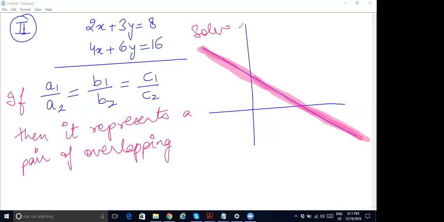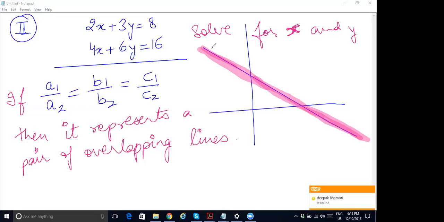Okay, so yes, I understand. They expect you to know that if you notice that the ratio of all three are the same, then that represents a pair of overlapping lines. So what is the answer to the question solve for x and y? Isn't it infinite solutions? Very good. Wherever the two lines meet, that is a solution. Now they meet at every possible point. This is a solution, this is a solution, this is a solution.